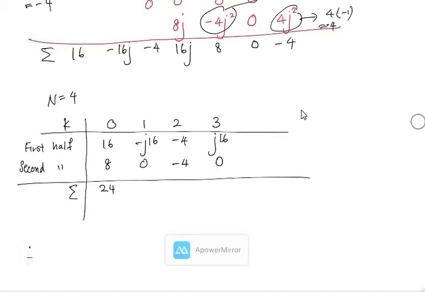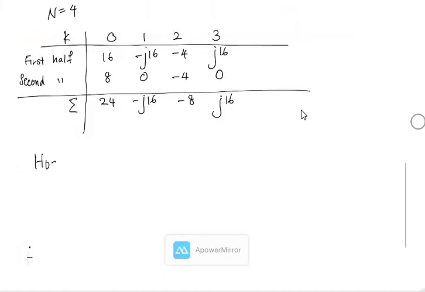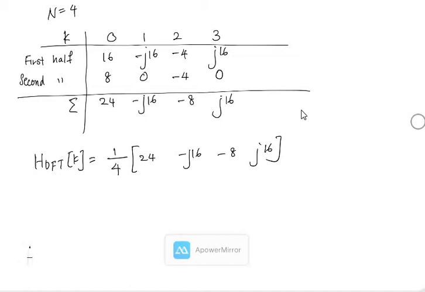I will get 24, minus j16, negative 8, and positive j16. Therefore my H DFT[k] is equal to 1 over N, N equal to 4, of 24, negative j16, negative 8, and j16. This is equivalent to 6, negative 4j, negative 2, and 4j. Always remember the periodic convolution. This is the answer.